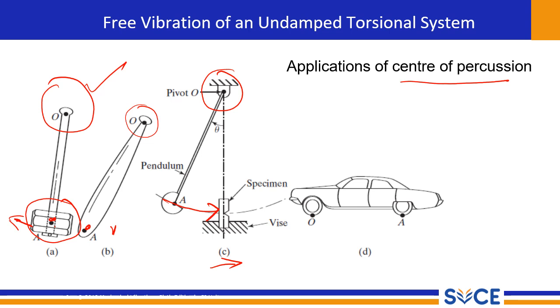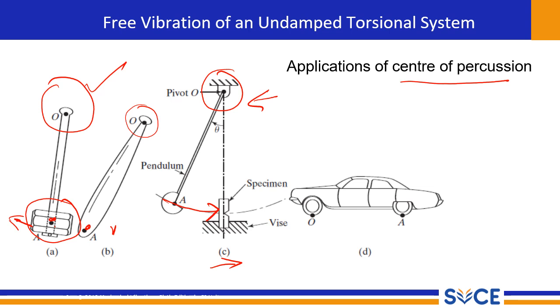Here, a pendulum is used to impact a specimen held in a vise. By ensuring the impact occurs at the center of percussion A, we minimize any unwanted forces or vibration at the point O. This is crucial for accurate and controlled impact testing of materials.